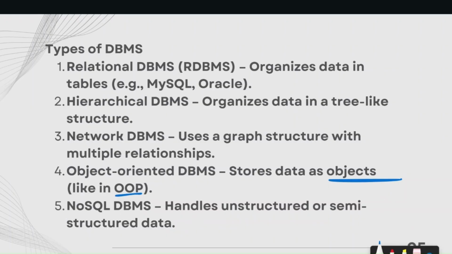They don't use the traditional table-based format and are suitable for things like big data and real-time analytics. MongoDB is a prime example. Each type has its strengths and is suited for different kinds of data and application requirements.